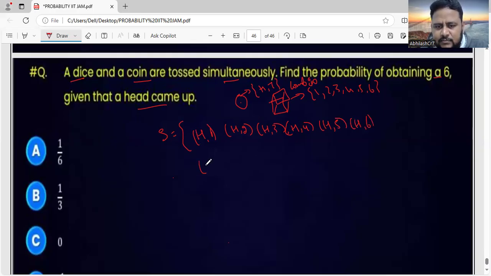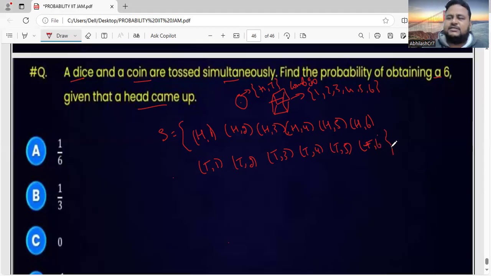Another possibility is we can get tail comma 1, tail comma 2, tail comma 3, tail comma 4, tail comma 5, and tail comma 6. This is the sample space for this event.